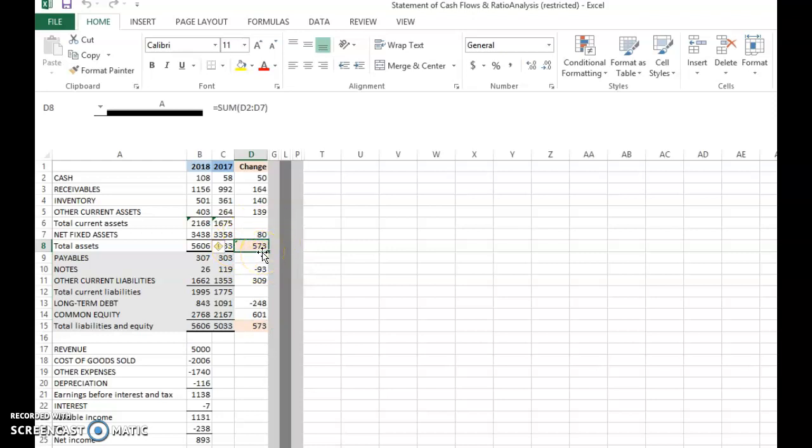It means compared to 2017, in 2018, the asset items have increased by $573 million. Likewise, if you add up the total for liabilities and equity, you should also get 573 million. It cannot be any other sum. It must be the same as here. These two must be equal. Remember the equation?